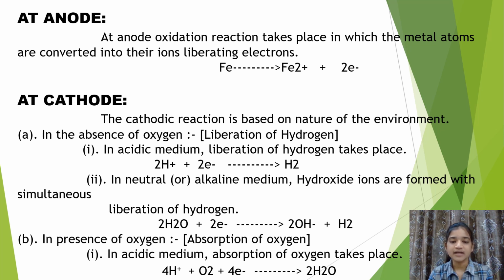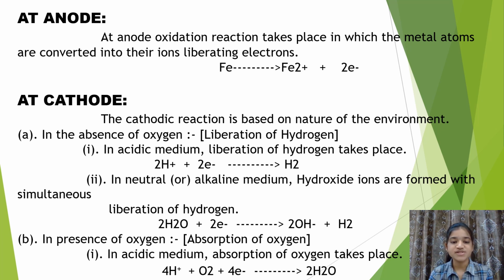In the neutral or alkaline medium, hydroxide ions are formed with the simultaneous liberation of hydrogen, and the reaction is 2 molecules of water plus 2 electrons gives 2 molecules of hydroxide plus H2.